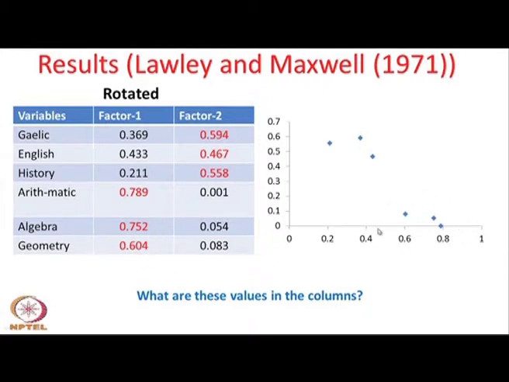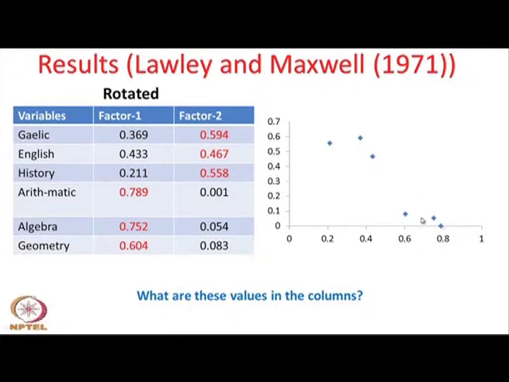And related to factor 2, at least what you are able to see is that the first three variables have higher loading with factor 2 in comparison to factor 1. So, this is a better picture.